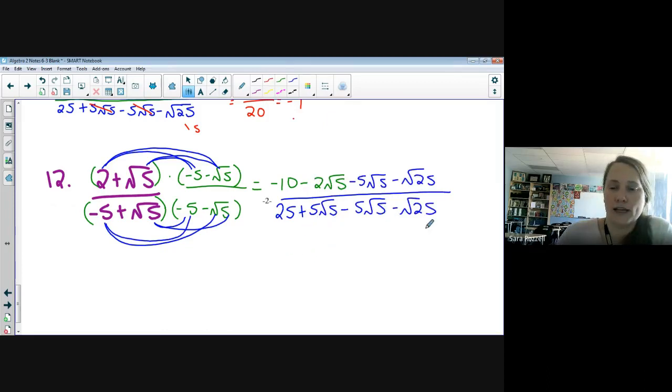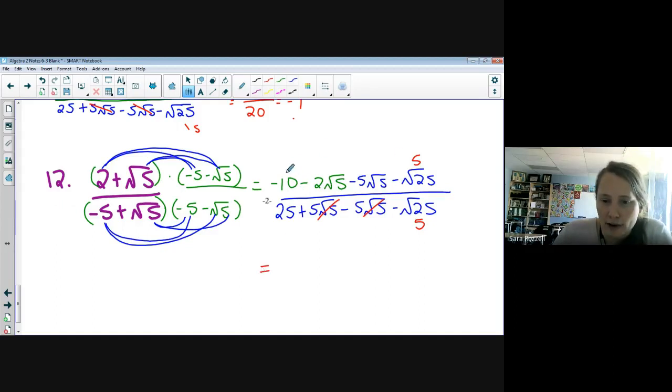I'm going to cancel what needs to cancel and then write out anything that's a perfect square. Does anything cancel on the top? On the bottom? Yep, these 5 root 5s will go away. One's positive and one's negative, so they're gone. This is just 5. This is 5.